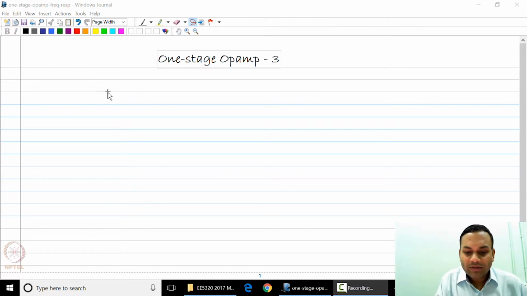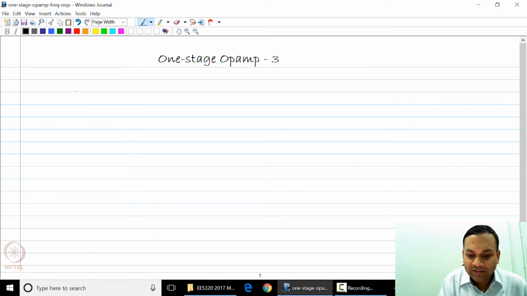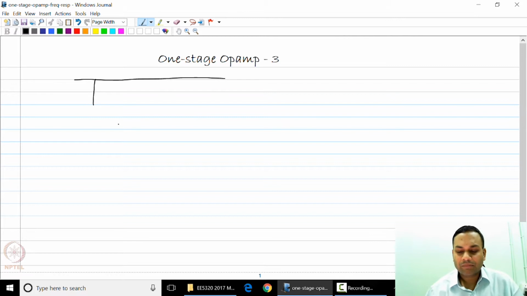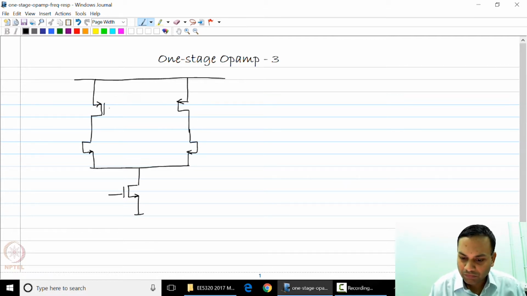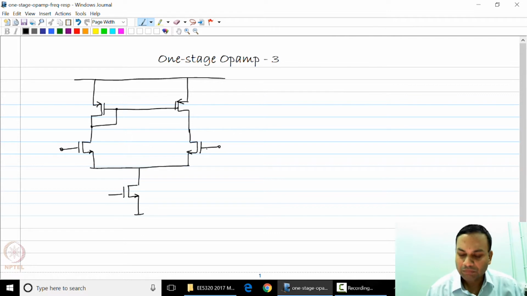So, to draw the frequency response, let us first draw the op-amp circuit. So, this is the circuit of the op-amp.